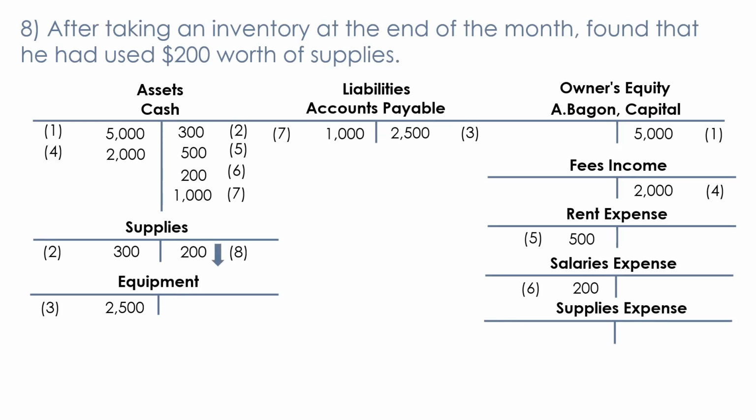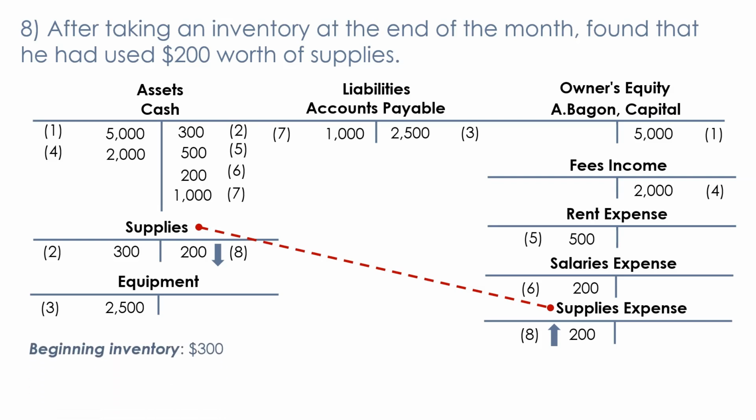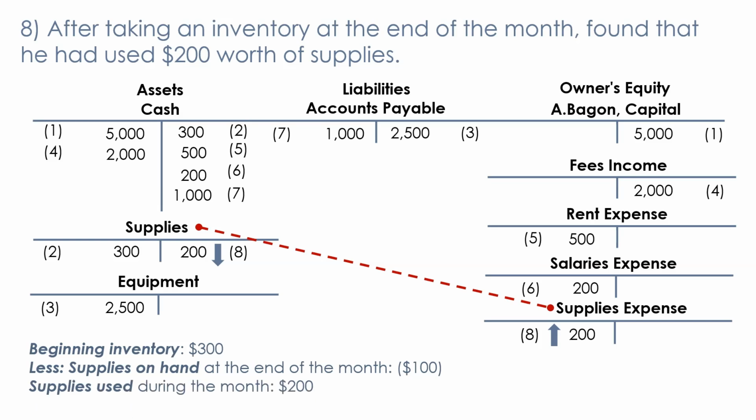In turn, we will debit the supplies expense to account for the decrease in owner's equity. To break this down further, our supply inventory was valued at $300 at the beginning of the month. After accounting for the $100 worth of supplies remaining at the end of the month, we can clearly see the usage of $200.